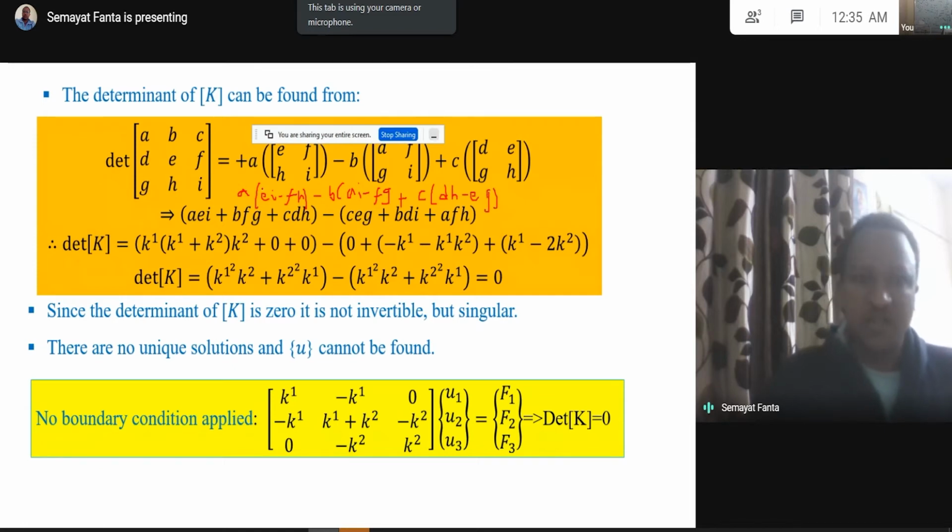Okay, when we rearrange these terms, we can get this equation.